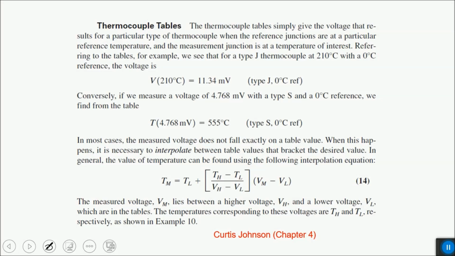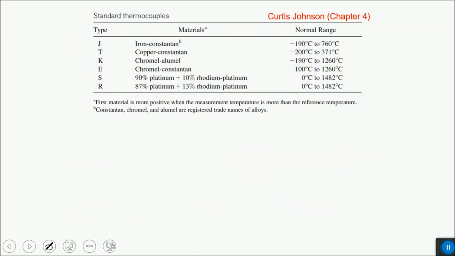How much voltage is produced at what temperature for which materials connected in the form of a thermocouple is given by thermocouple tables. Let's go forward here: we have these 6 types of thermocouples based on different material combinations, types J, T, K, E, S and R. The ranges of these 6 types are given, showing in which temperature range they can measure effectively.